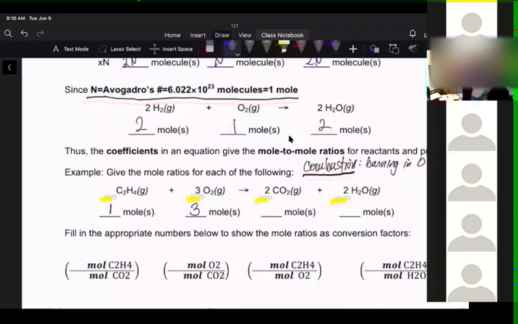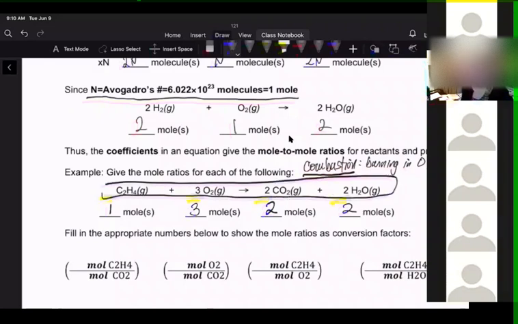Okay, the complete combustion would produce 2 carbon dioxide and 2 water molecules. So from this chemical equation, we can get any relationship between any 2 of the molecules involved in the equation.